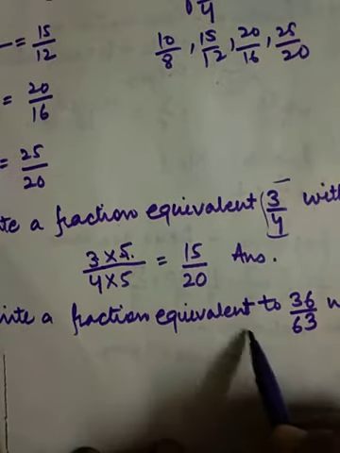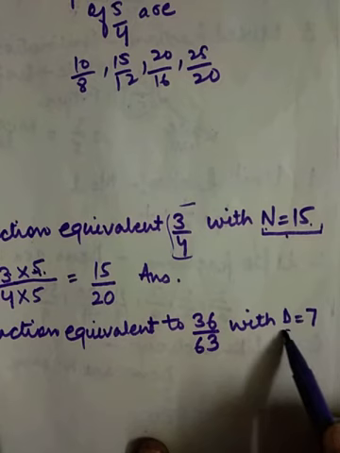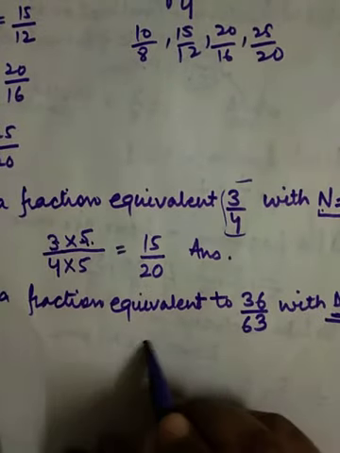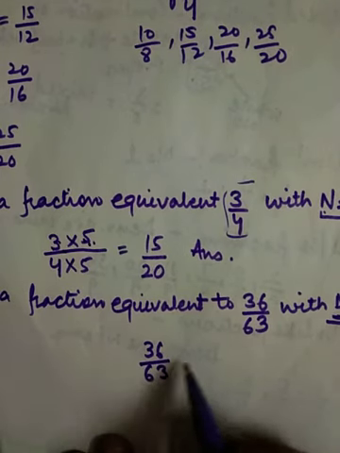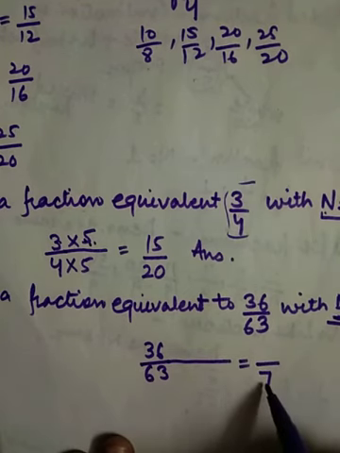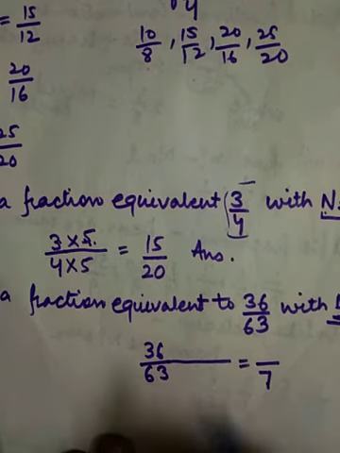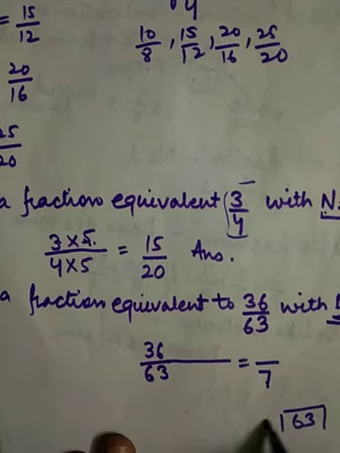Write a fraction equivalent to 36 upon 63 with the denominator 7. So now we need denominator 7. Write here 36 upon 63. We now need 7 as the denominator. So how can we get 7? We will divide 63 by 7.